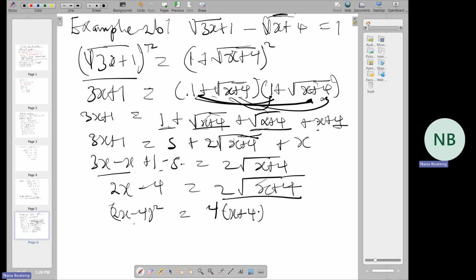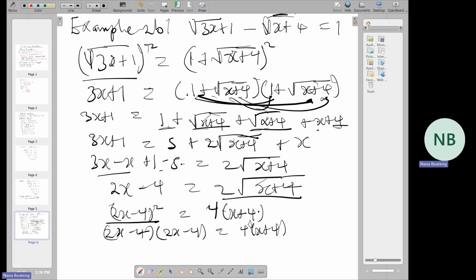All right, and the expansion of 2x minus 4 squared, which is just 2x minus 4 times 2x minus 4, equal to 4 times x plus 4.